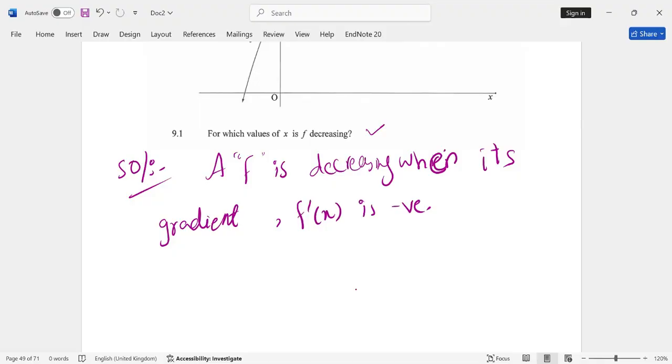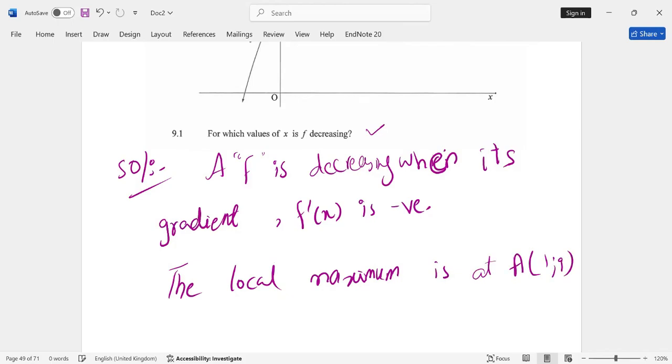So we have to find the x values of the two turning points A and B. The local maximum is at A point, which is (1, 9), so x equals 1.